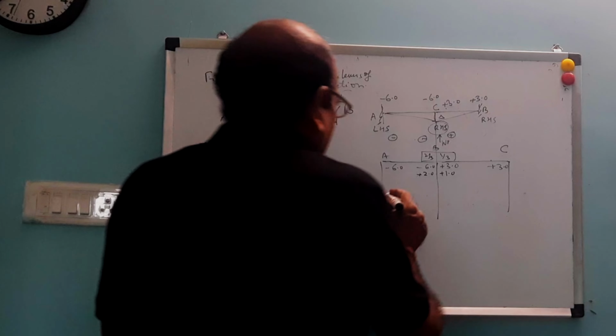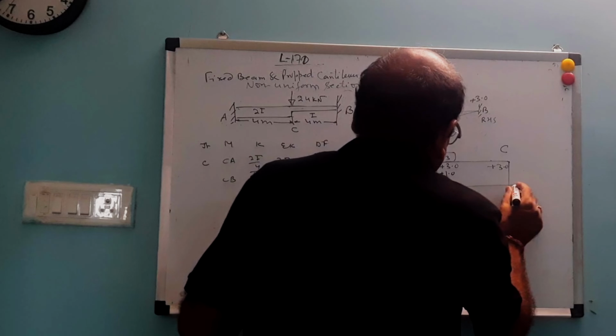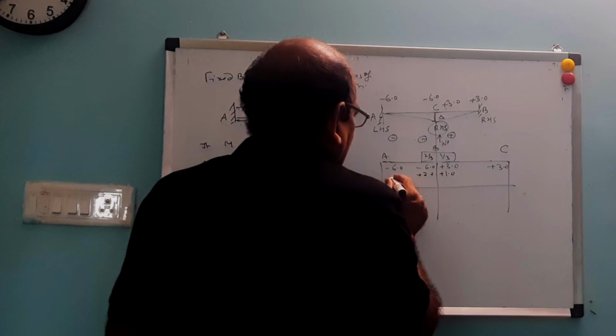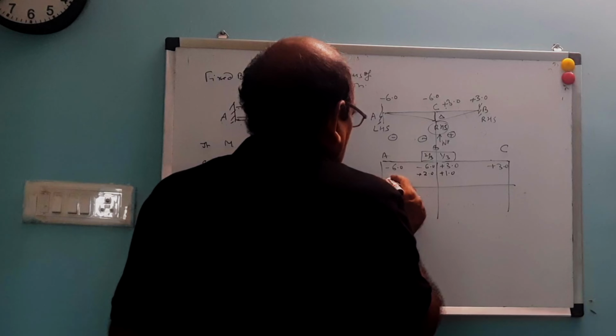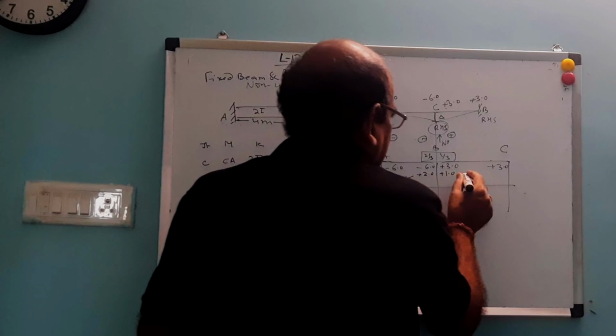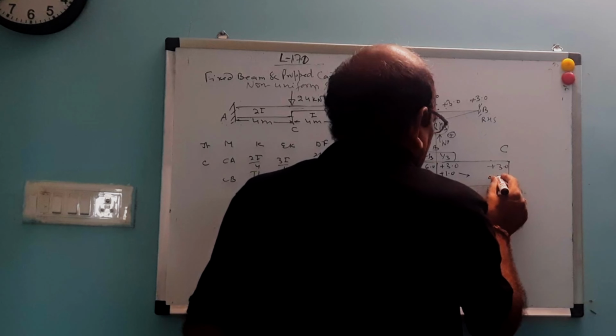So we draw a line in this way. This moment will transfer here 1.0, and this will be transferred here 0.50.